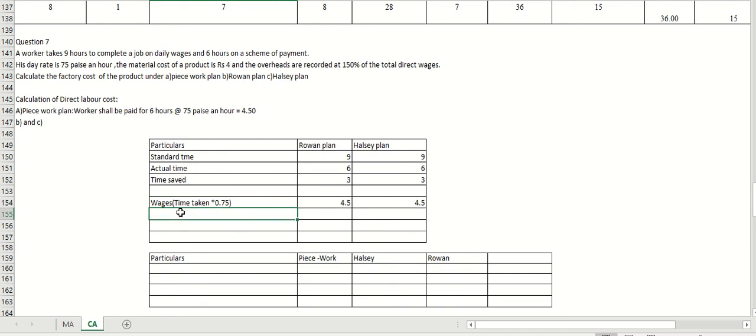Now, the calculation of bonus under the Halsey method is 50% into time saved into the rate per hour 0.75.